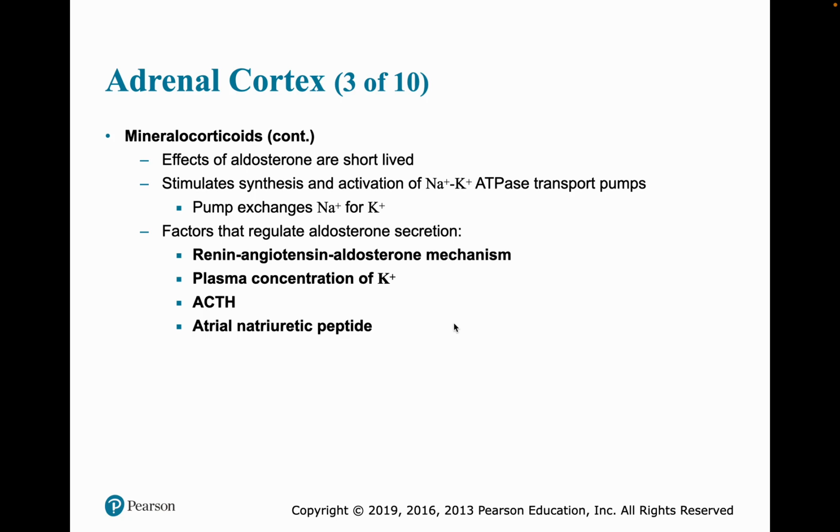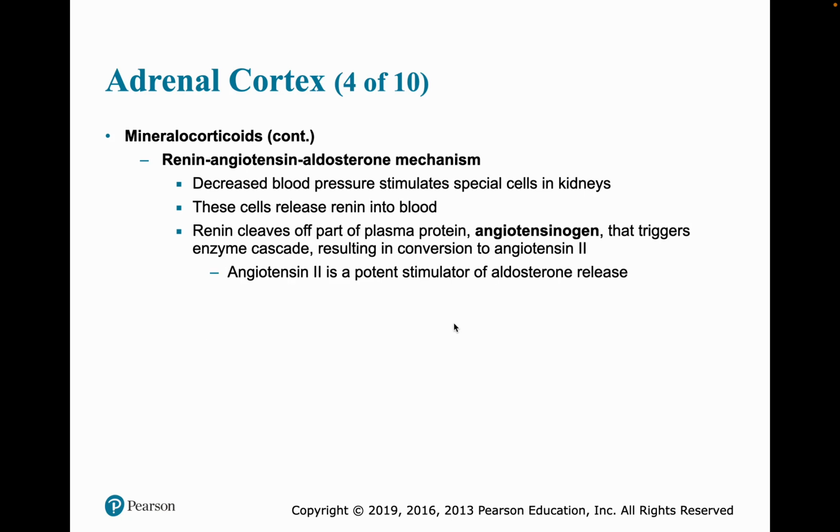Things that regulate aldosterone secretion include the renin-angiotensin-aldosterone mechanism, plasma concentrations of potassium, ACTH, adrenocorticotropic hormone, and atrial natriuretic peptide, ANP, produced by the heart. That renin-angiotensin-aldosterone mechanism acts to increase blood pressure and stimulates special cells in the kidneys.